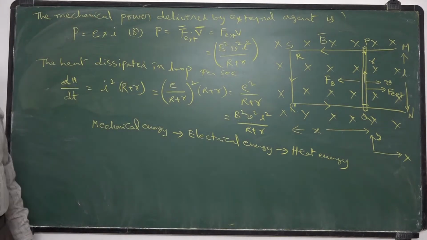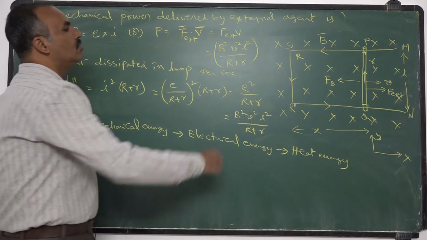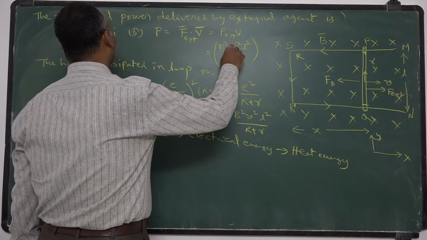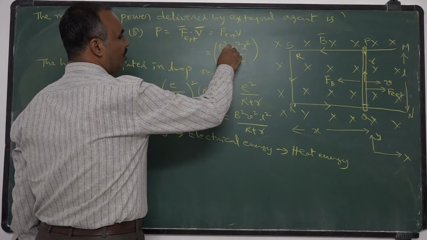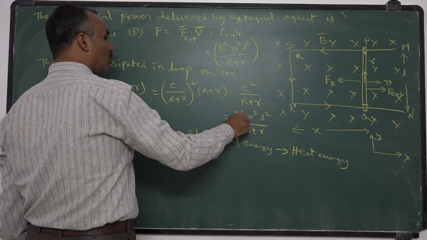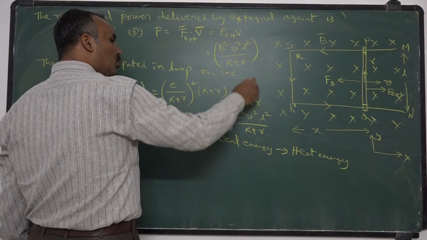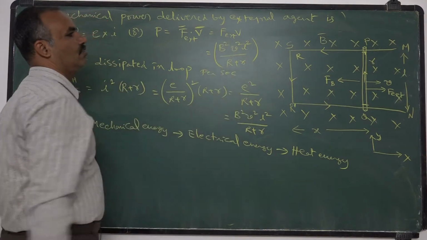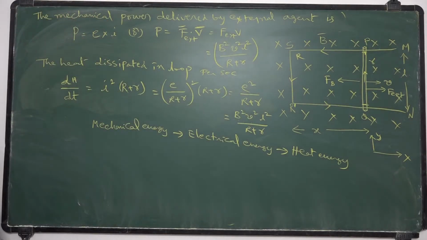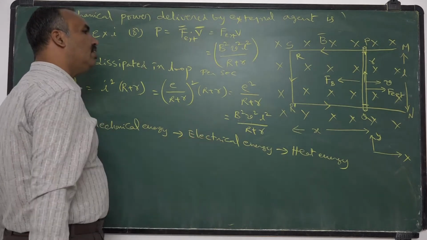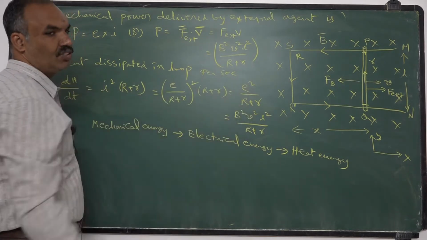It is called quantitative study because we calculated the quantity of mechanical power delivered by the agent, and we also calculated the amount of heat dissipated per second. Both are having identical expressions. Even if you calculate the electrical energy, it has the same expression.